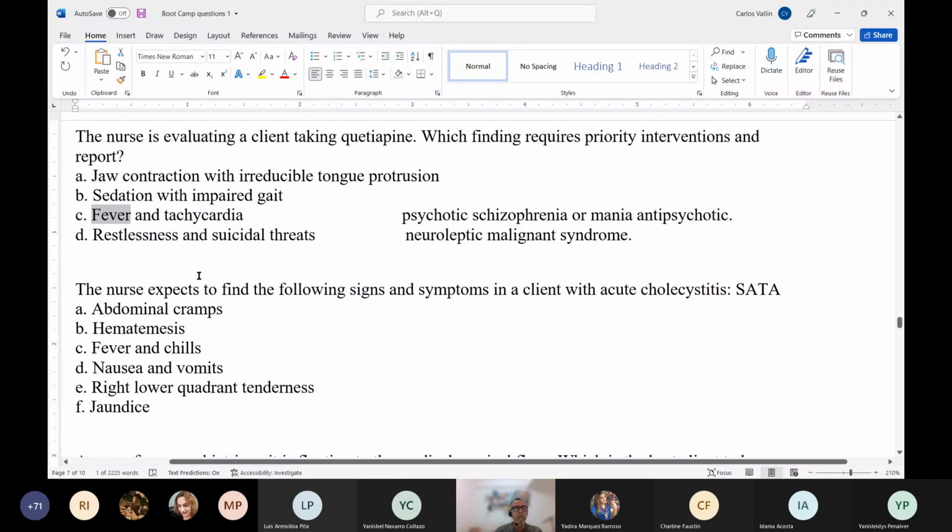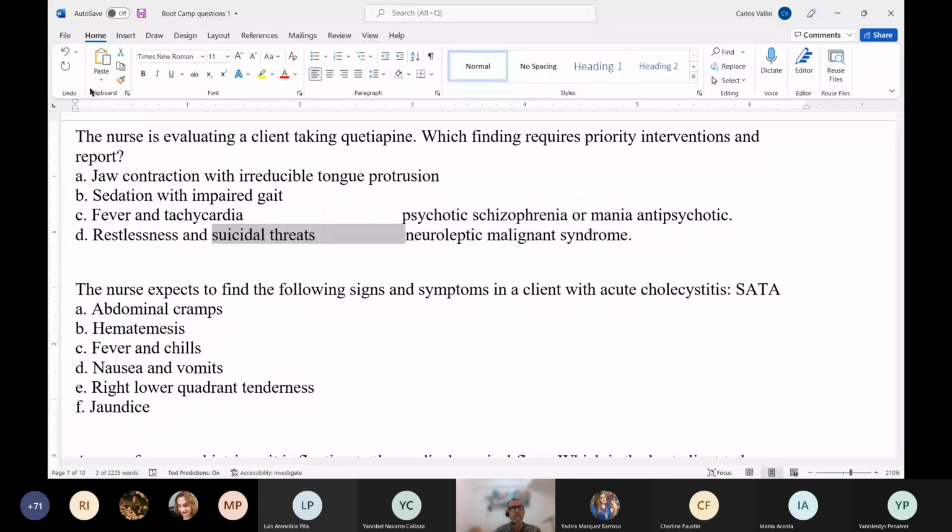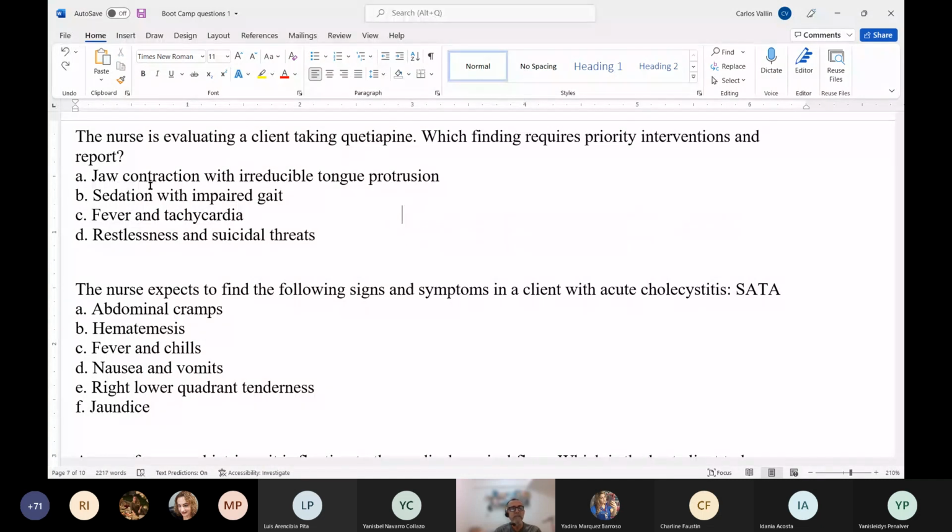It is true, you are right in saying suicidal risk is an emergency in psych. Yes, I agree with you. You're totally right. But the patients that take quetiapine are not the classical patient that has suicidal risk.